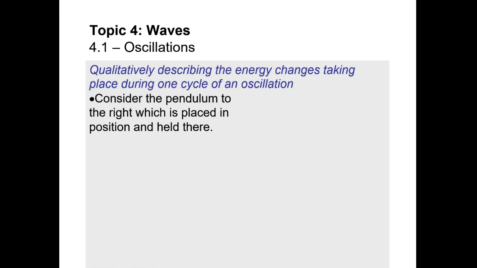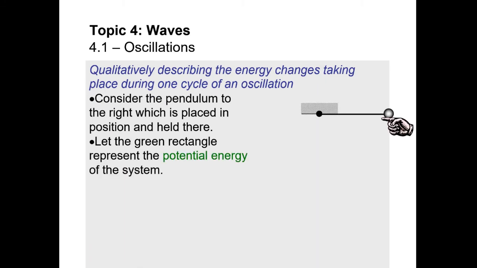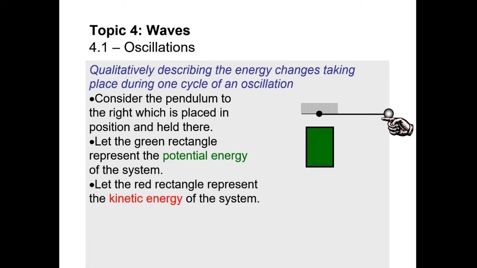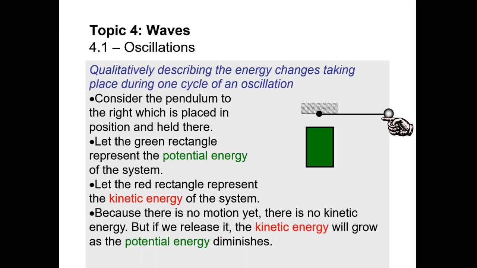Consider the pendulum to the right, which is placed in a position and held there. Let the green rectangle represent the potential energy of the system, and let the red rectangle represent the kinetic energy of the system. Because there is no motion yet, there is no kinetic energy, but if we release it, the kinetic energy will grow as the potential energy diminishes, like this.